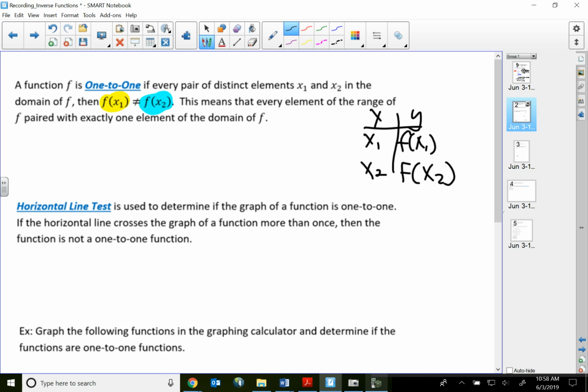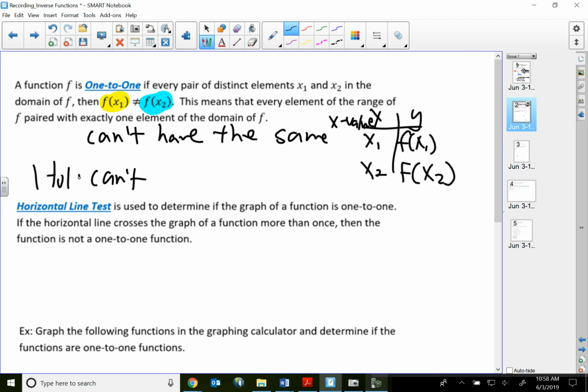So as you can recall, for a function to be a function, we can't have the same x value. Since my y value cannot be the same for a one-to-one function, you just can't have the same y values.